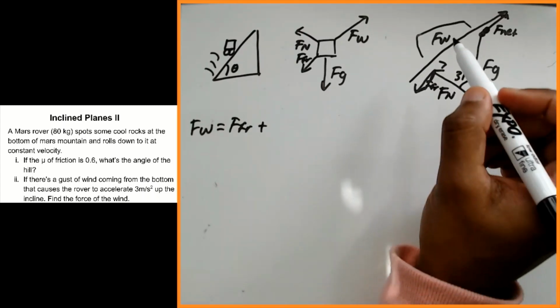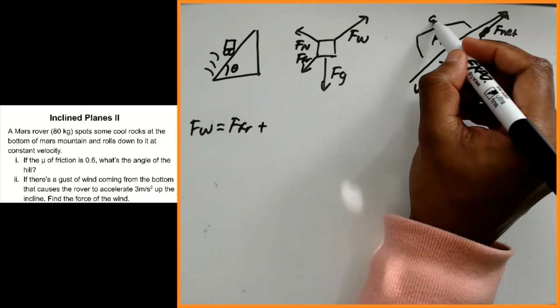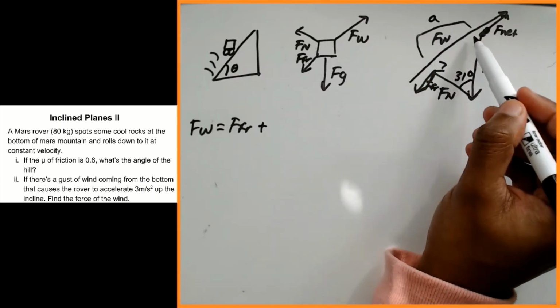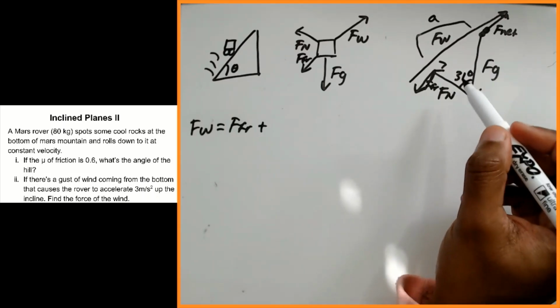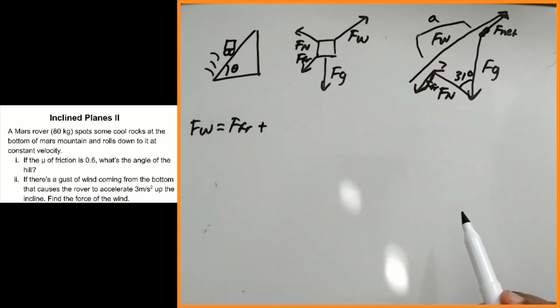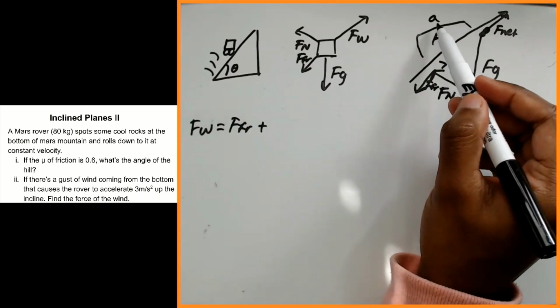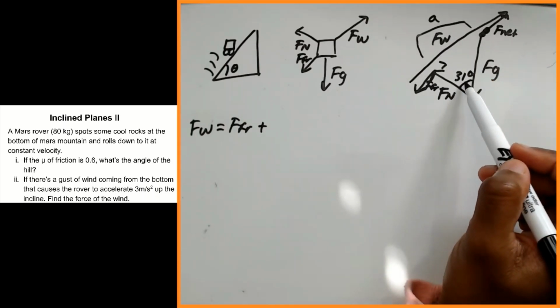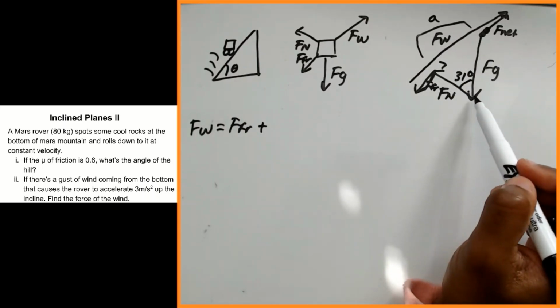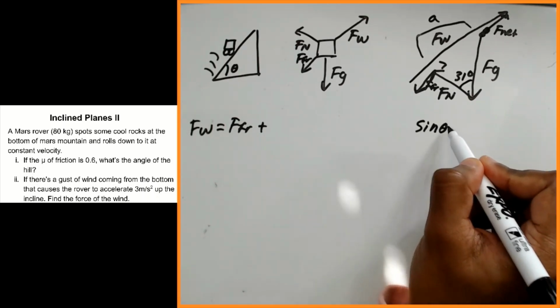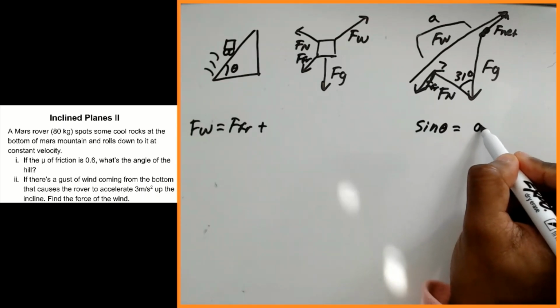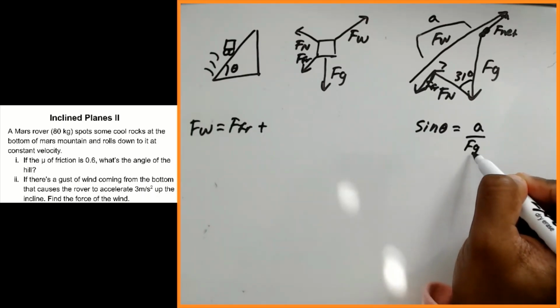So let's just call this portion over here A, which is the side of the triangle. So once again, we can write a trig ratio for that. This is the opposite side for the angle, and this is the hypotenuse, so we could write sine theta is equal to A over Fg.